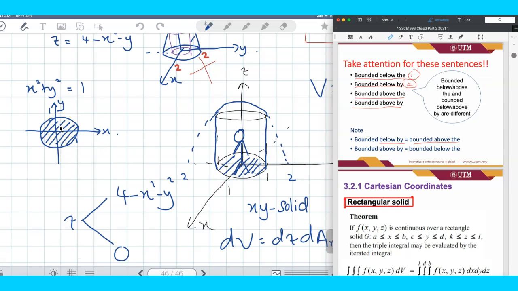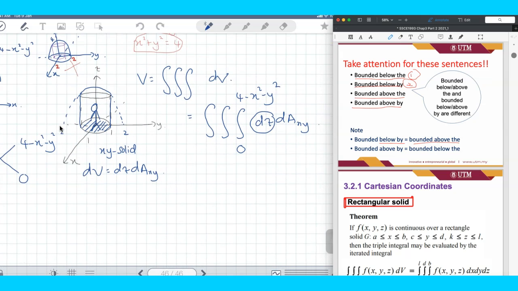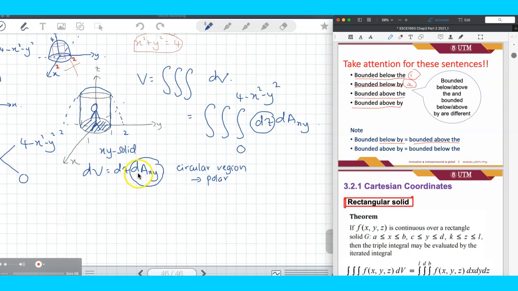So now in this case we can change the dA here into polar. Because we have a circular region based on a circle, we can transform into polar coordinate system only for dA, which is dy dx, but z is fixed.